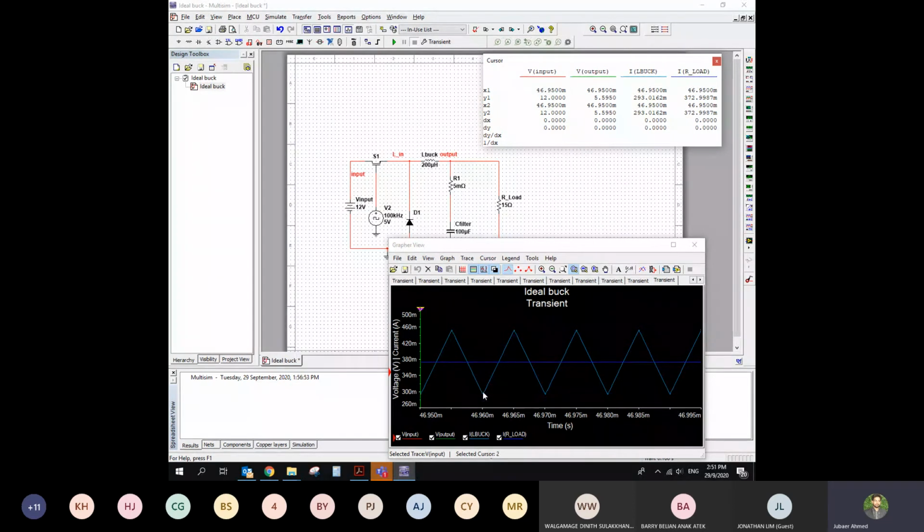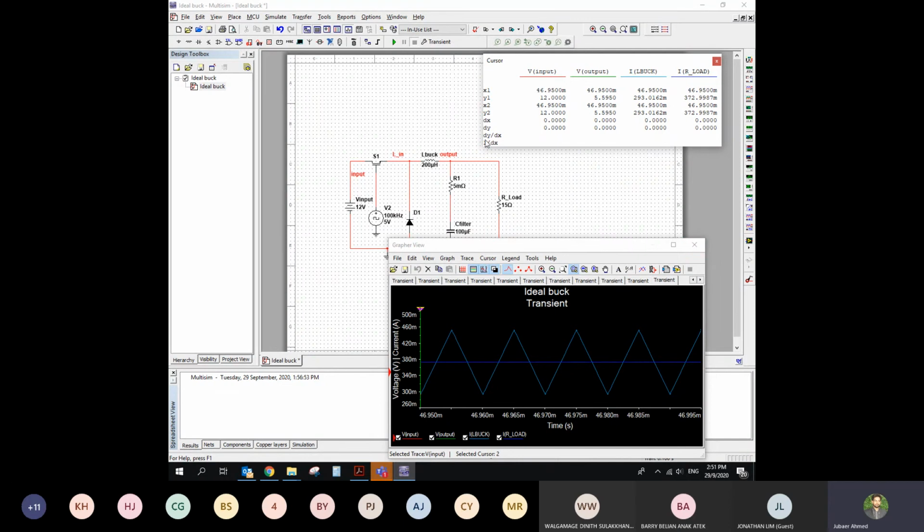Also, if you check the equation for the peak to peak ripple from your theory section, you will find that the output resistor is not part of the equation. The parts of the equation are the frequency, the inductor value, and the capacitor value. The output resistor has a very minimal impact on the ripple value of the inductor.